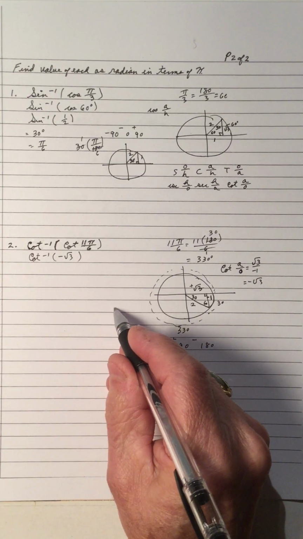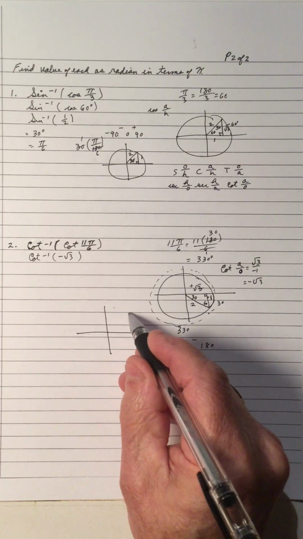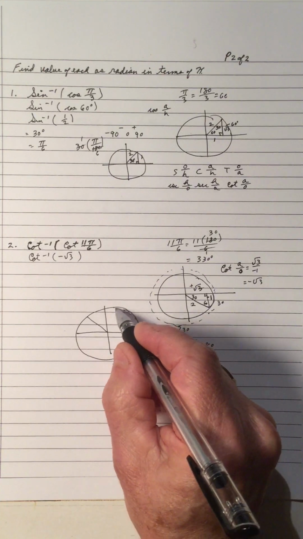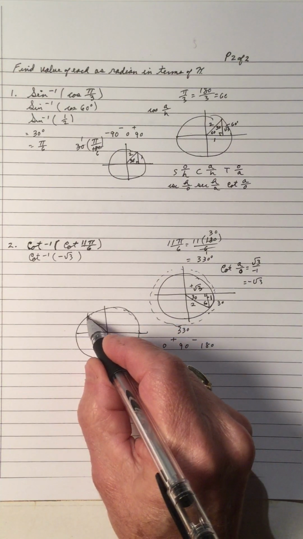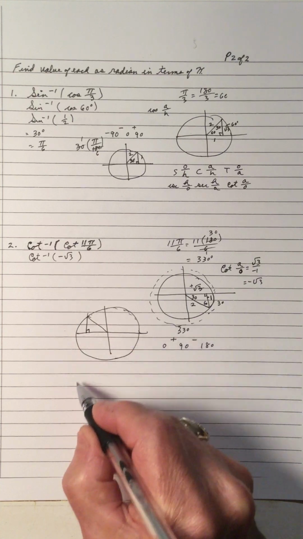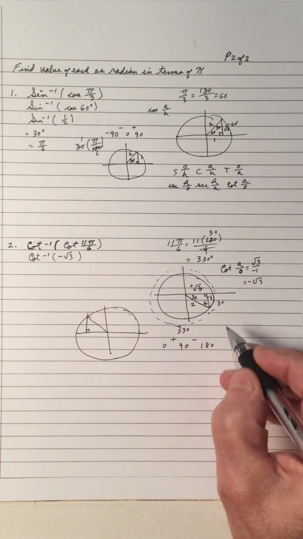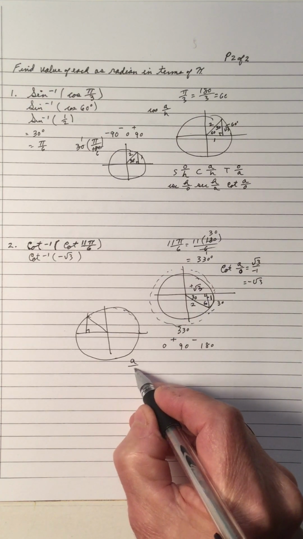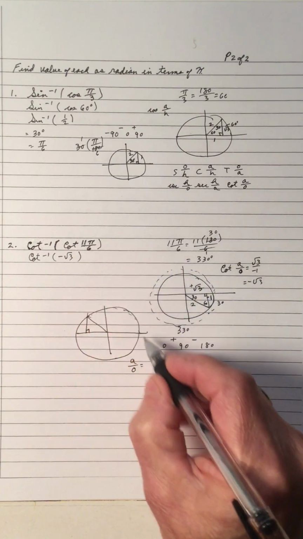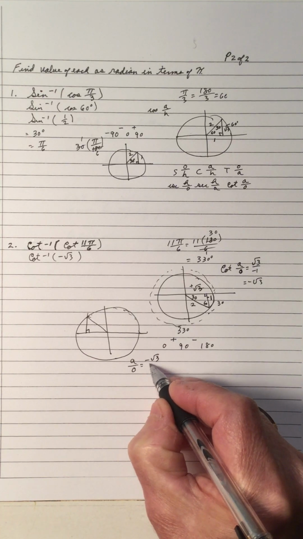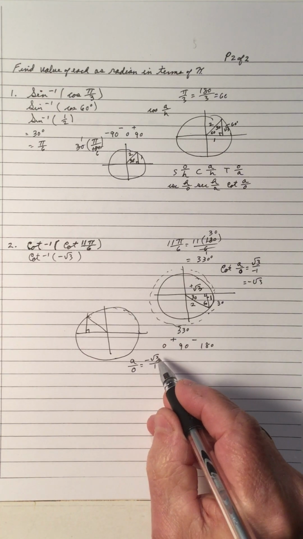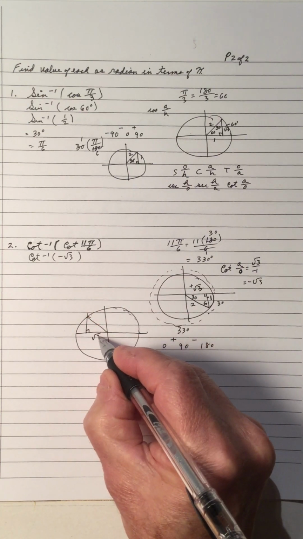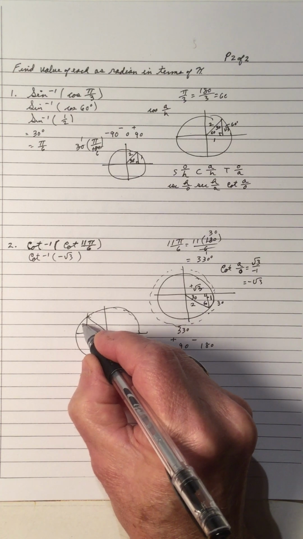So let's draw this in quadrant 2. Terminal arm, quadrant 2, drop a perpendicular. Again, cot is adjacent over opposite, so that's negative root 3 over 1. So the adjacent side is root 3 and the opposite side is 1.